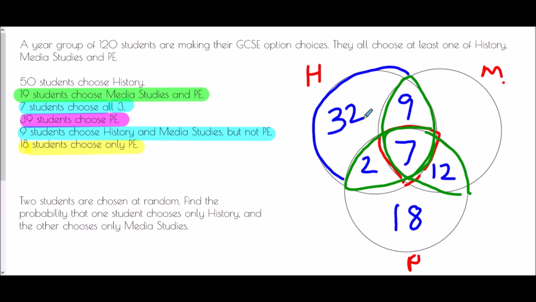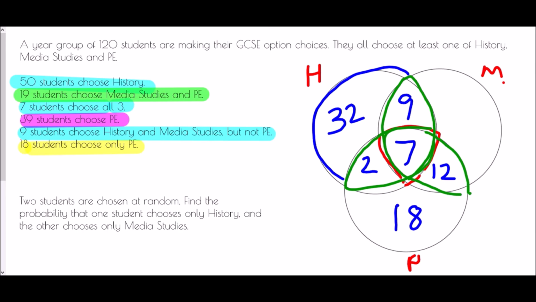The very final section, we've now included every piece of information we were given to start with, but we still don't know how many students only selected media studies. And so from now we need to take our 120 students in total.